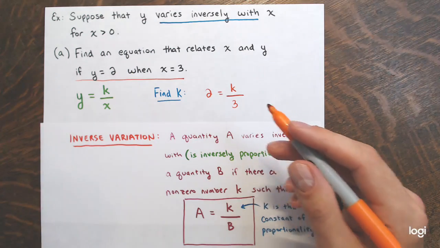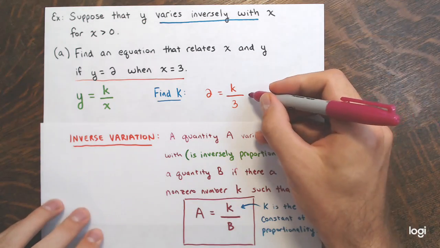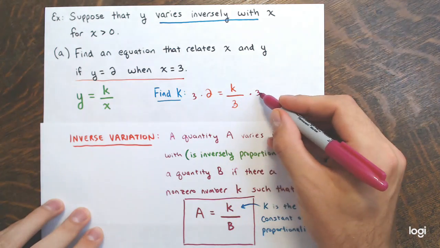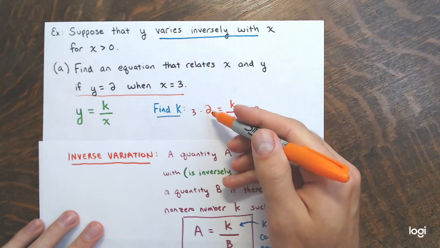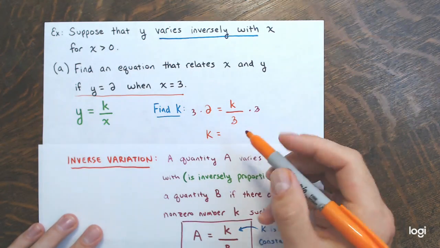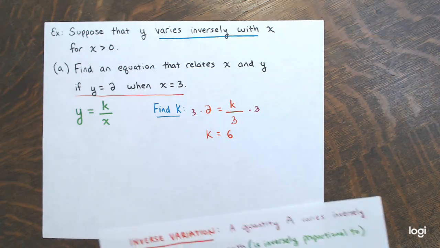Then I solve this for k, which is a simple matter of multiplying both sides by 3. The 3's divide out over here and become 1, and I get the value of k equals 3 times 2 on the other side, 6. Now I can finish the equation.